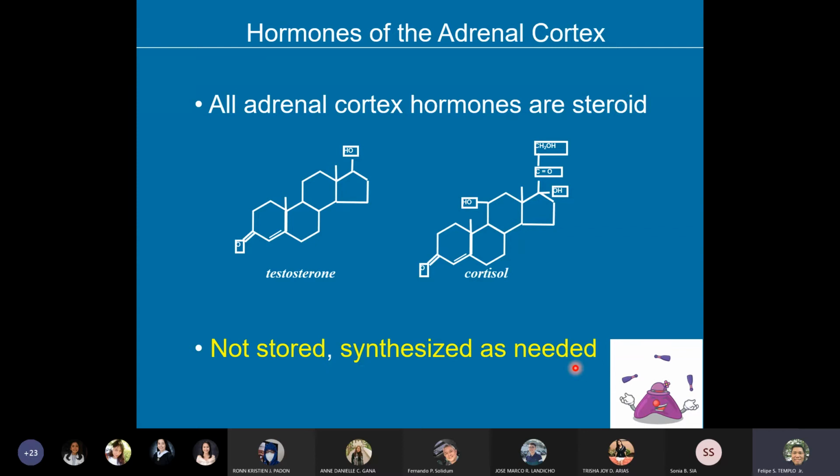In contrast, in the adrenal medulla, you have some storage of norepinephrine because the fight or flight reaction is a very rapid event. So you already have a precursor substance, and the step would be just to convert norepinephrine into epinephrine. But of course, if that is not enough, you have to synthesize more and more catecholamines.